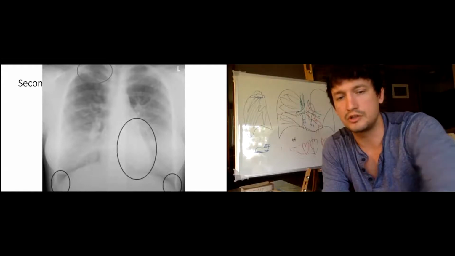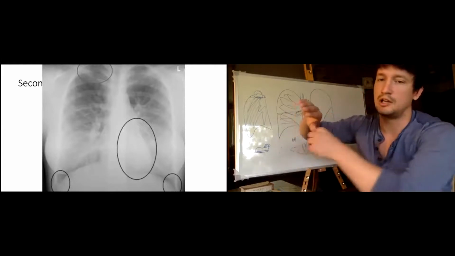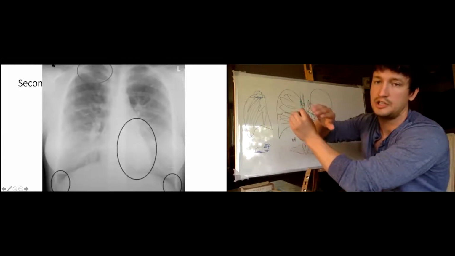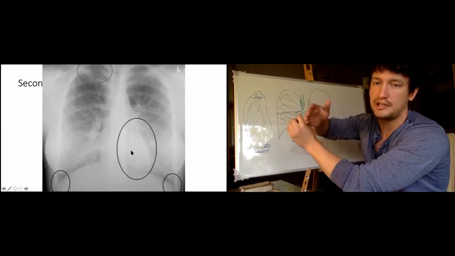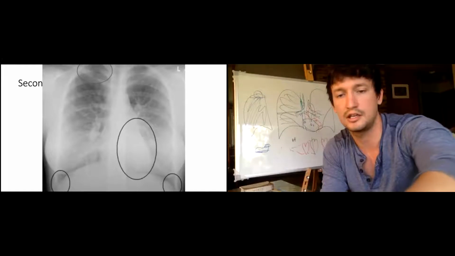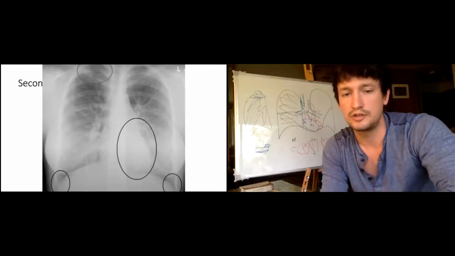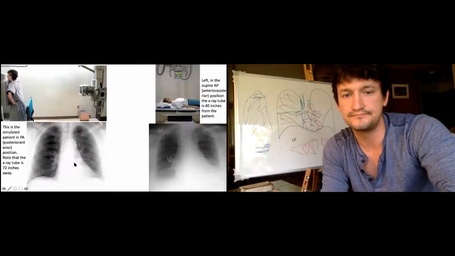People forget to look at the diaphragm as a dome. And a lot of times there can be pathology on the other side of the diaphragm that you can see, and people forget to look through the diaphragm and also through the heart. You can see consolidations through there. You can go to the next slide.